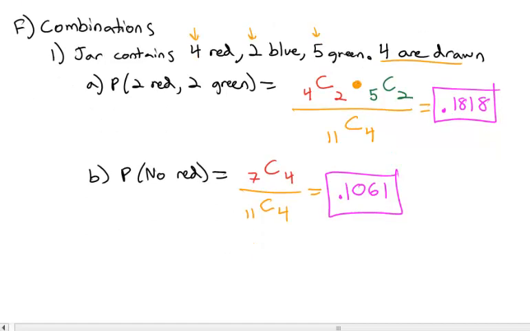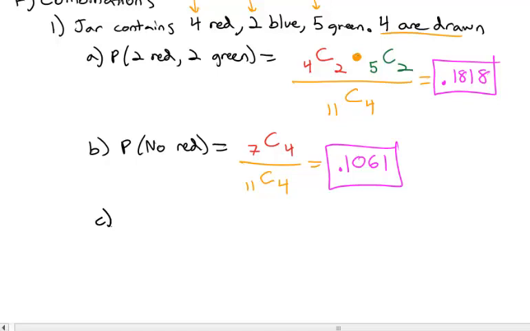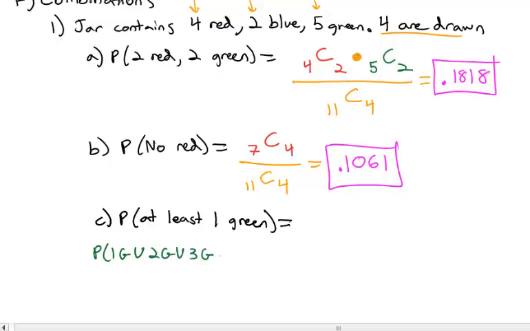How about we try one more of these? Let's find the probability that I get at least 1 green. Now that might be a little trickier. What that means is really the probability I get 1 green, or 2 greens, or 3 greens, or 4 greens.